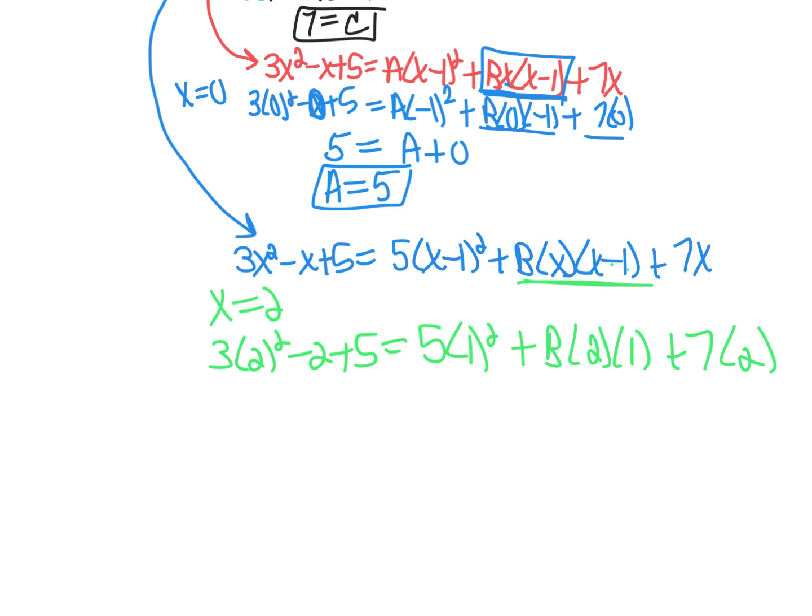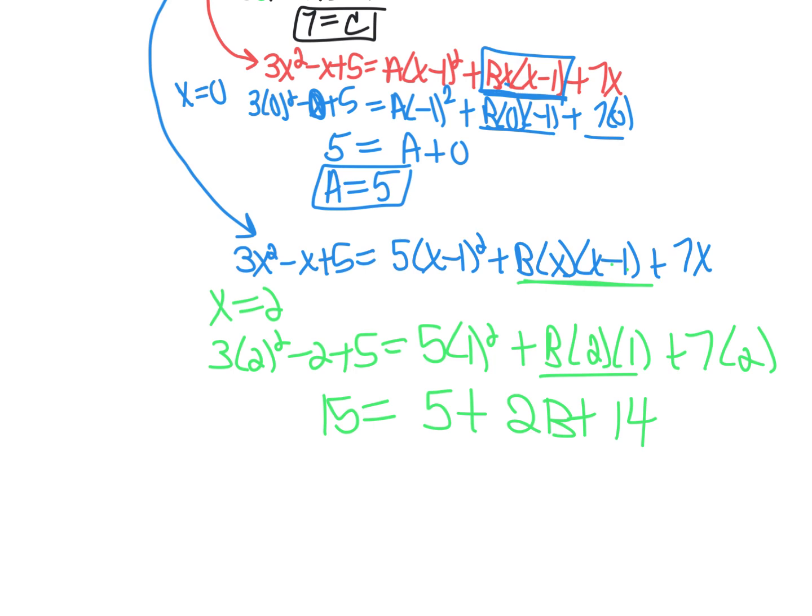All right, 2 squared is 4, 4 times 3 is 12. I'll do this in a few less steps. 12 minus 2 is 10, 10 plus 5 is 15, equals 5 times 1 squared. 1 squared is 1, times 5, plus 2b plus 14.